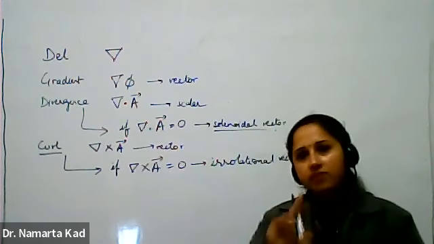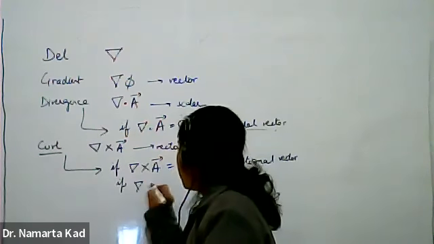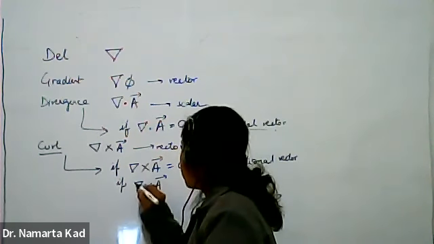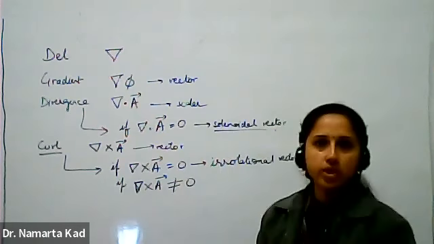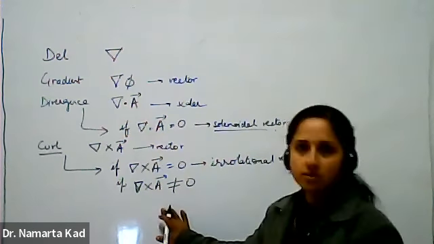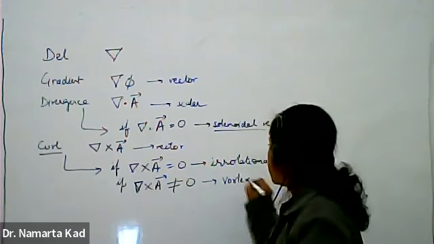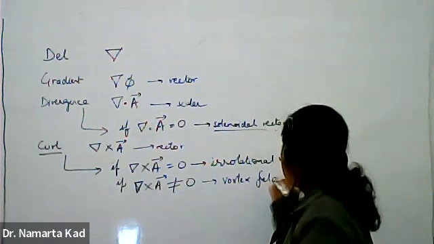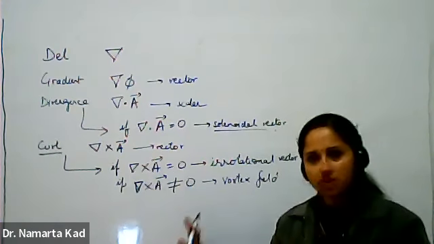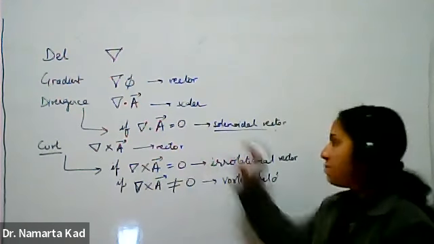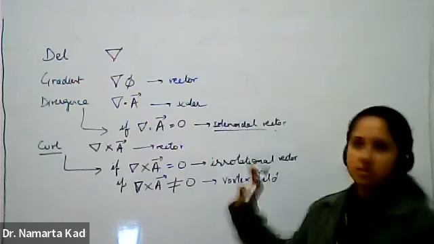We also covered that if del cross a vector is not equal to 0, this is called a vortex field. These are very important concepts, and most of the numericals are based upon them. We covered some numericals in the last lecture based upon these concepts.